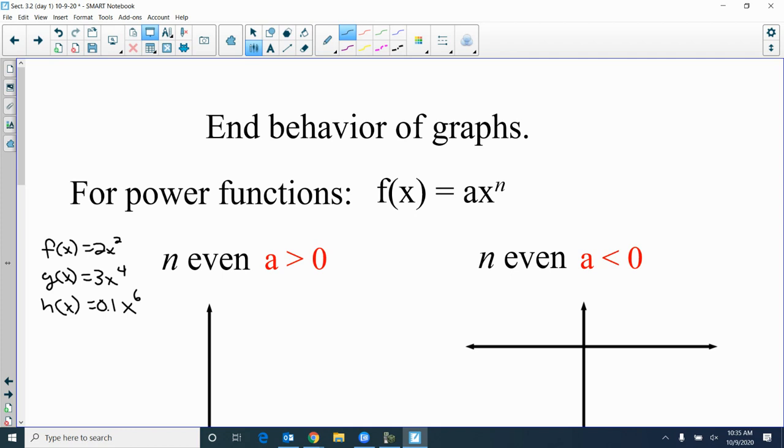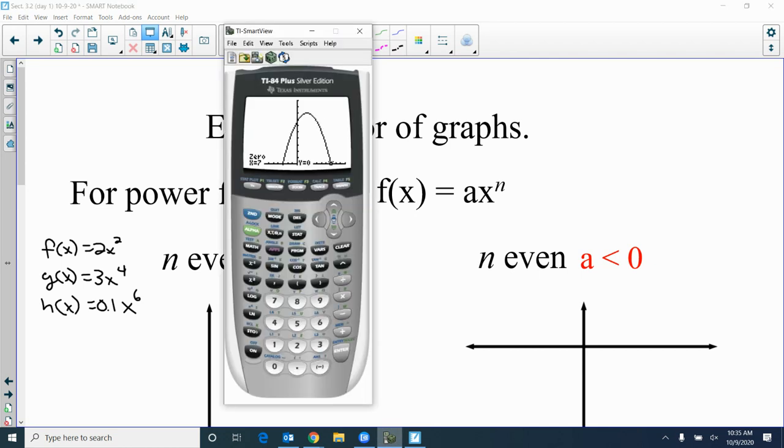Just graph one of them on your calculator. I'm going to put 0.2 x to the 4th power.